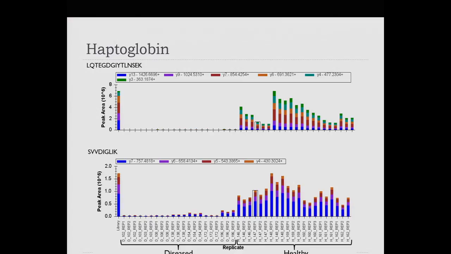And this is for this one peptide of the protein haptoglobin. The other peptide that we measured from haptoglobin has a similar pattern, and that strengthens the hypothesis that this is actually a good indicator of what we're measuring between these two groups, and it might be one of the stronger biomarker candidates in this sample.